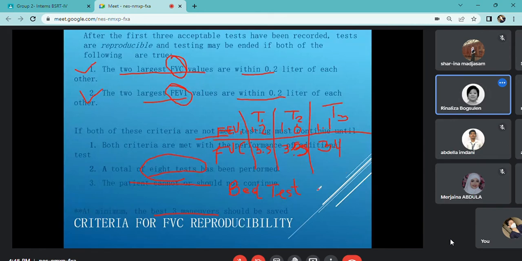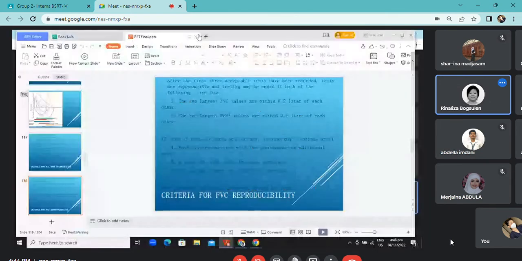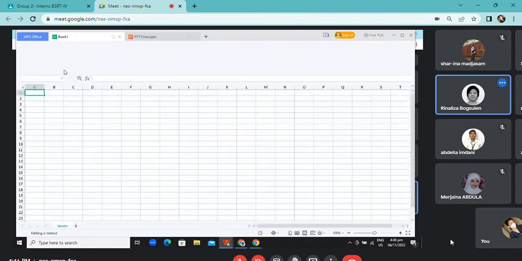So, trial 1. So, if I will give you, saglit ha, alis muna tayo dito. Mag-ano lang ako ng para mas maano natin. Okay. Can you see this one? Yes po, ma'am.